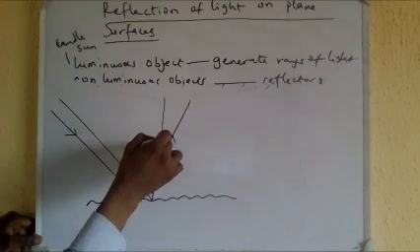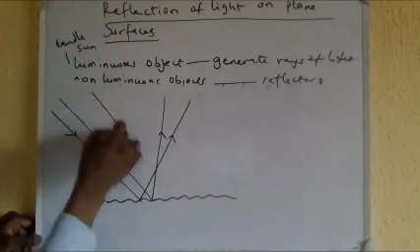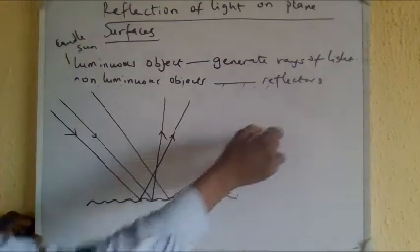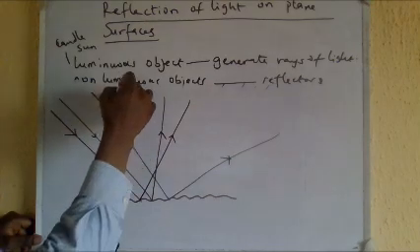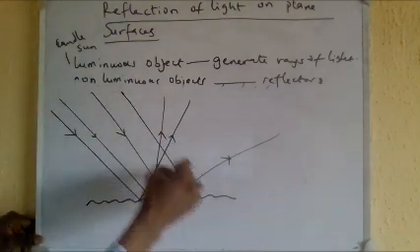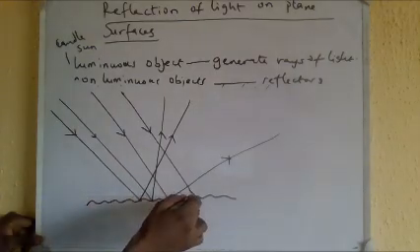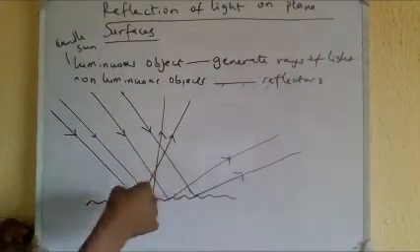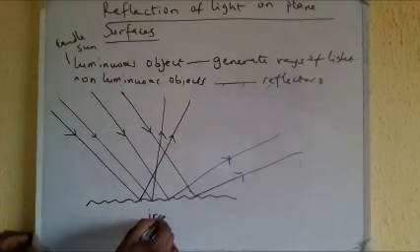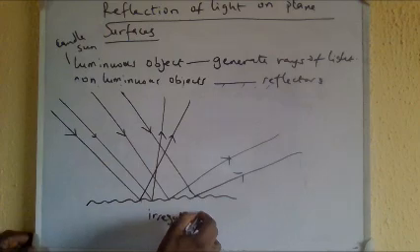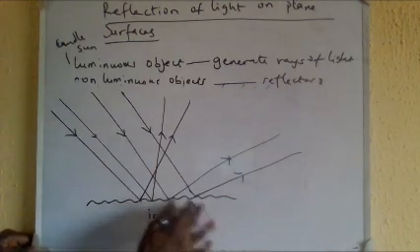See, it's not regular again. It's irregular. It reflects this way. See how scattered it is. The incident rays are trying to be normal, but this one is just scattering. You see how they are scattered. So this is irregular reflection. Why?